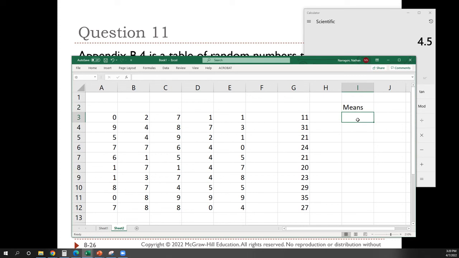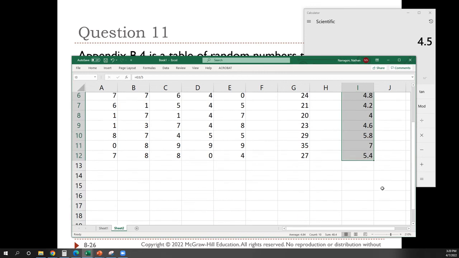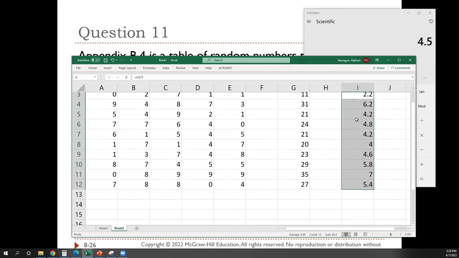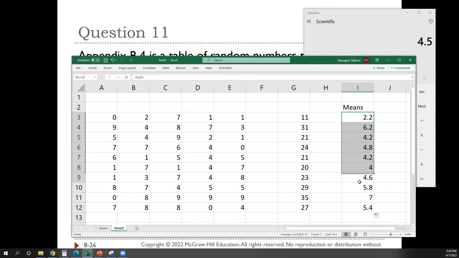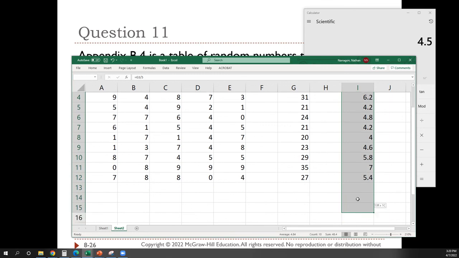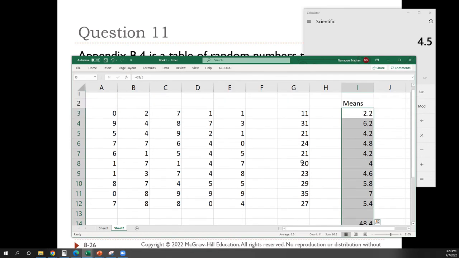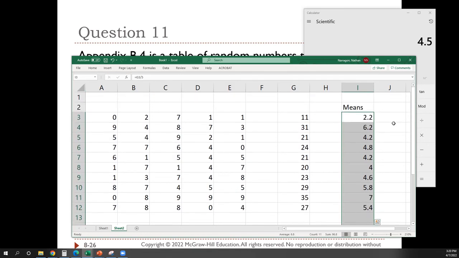Means. So that's going to equal our sum divided by 5. Okay, and then it wants to find the sample means. So we take the sum. It's 48.4.